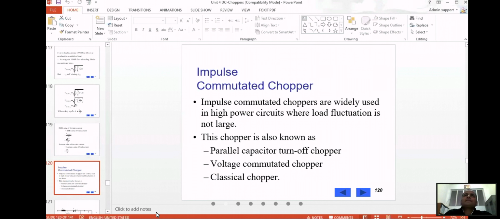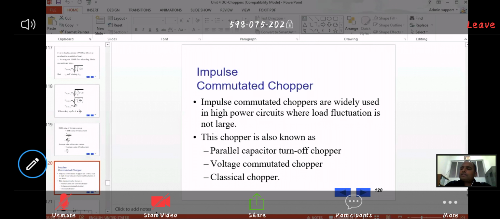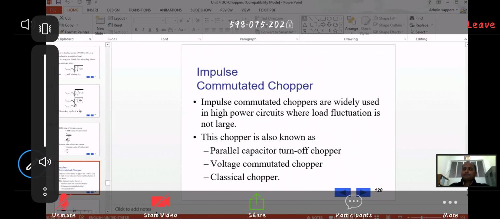How do you want the derivations done? Can I put them in the PPT, or can we do it by sharing the screen? PPT, sir. We can easily learn through PPT, sir. If you explain on the PPT, then we can scroll and learn. There are problems that we can discuss, right? Yes, sir.